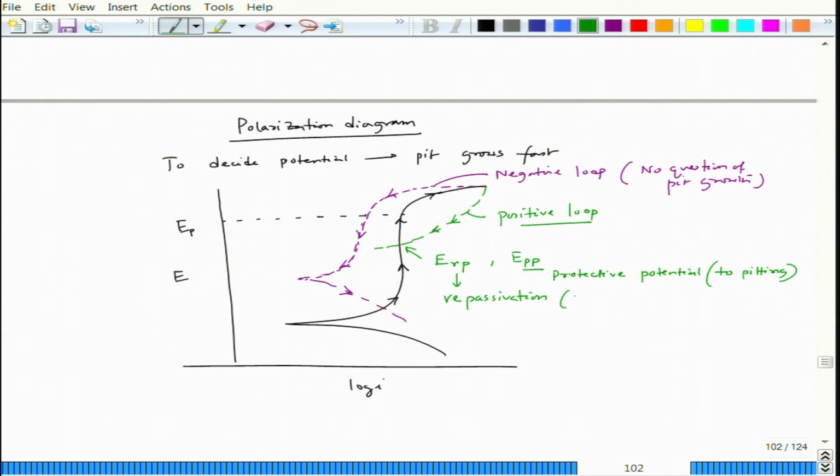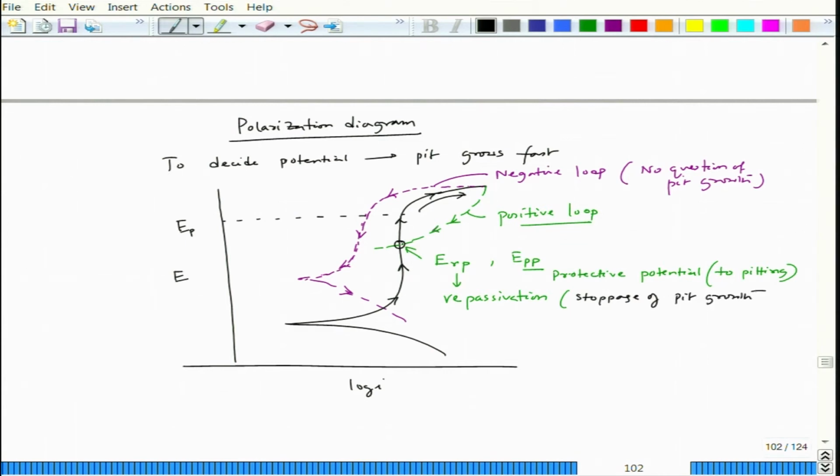That means whatever pits have formed during the forward movement, when it reverses back to this potential, it would repassivate again, that means it will not grow. So, that is why this is called the repassivation potential. This is related to stoppage of pit growth.